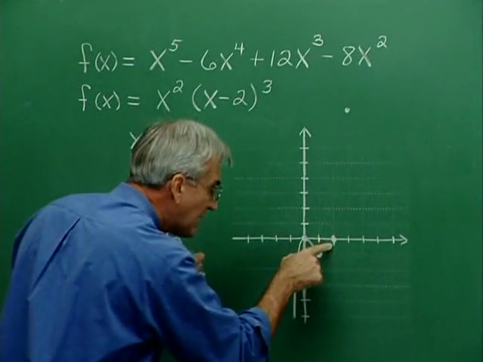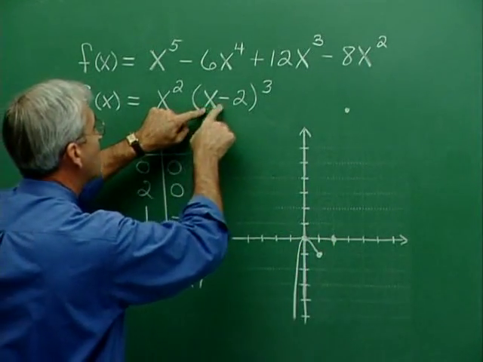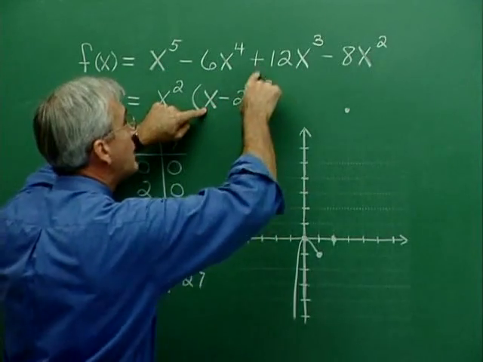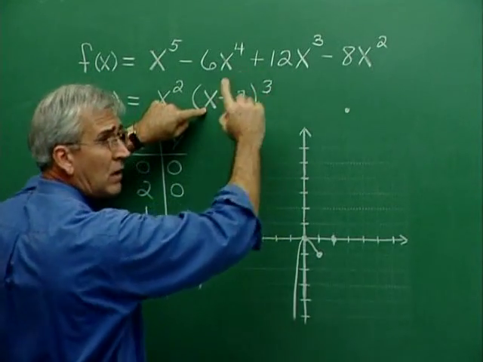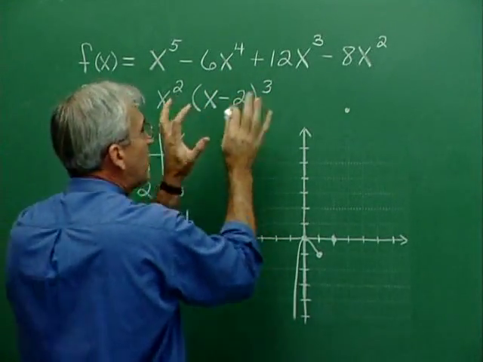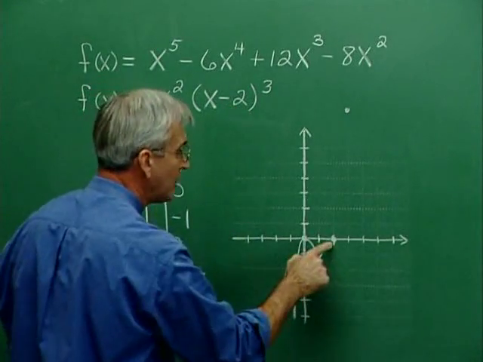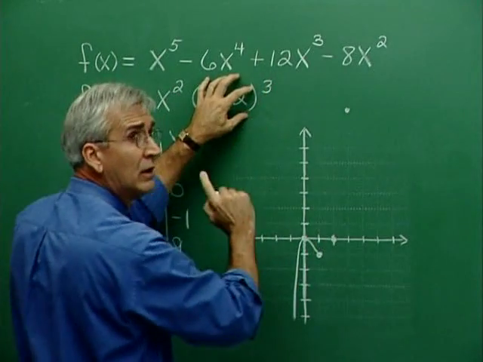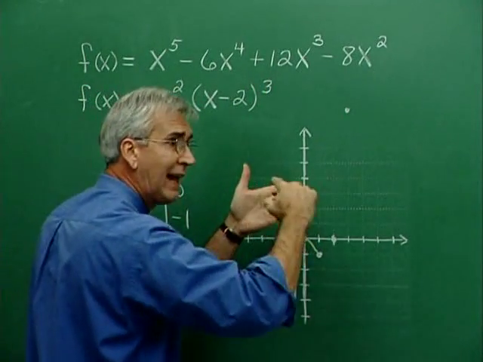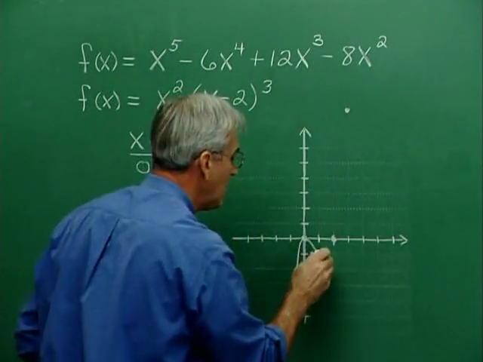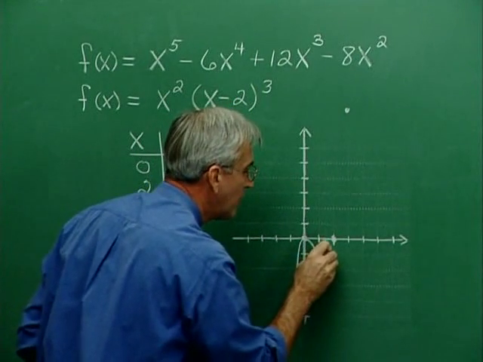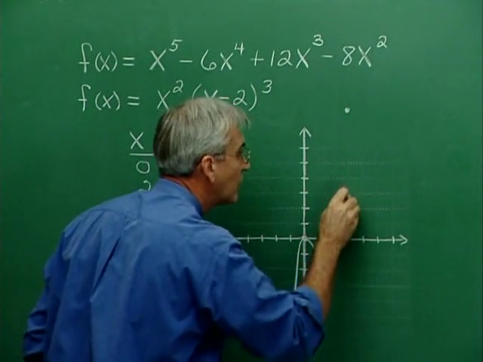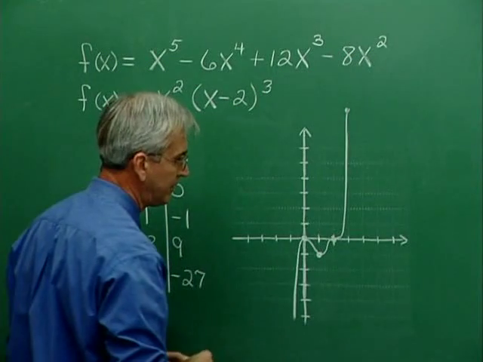Now, this is the 0 corresponding with (x minus 2) cubed. This cubing idea tells us that the behavior in a particular little neighborhood right around this point is the same as y equals x cubed. You remember the graph kind of flattens out at that point and then goes up again? Well, it'll have that behavior right through this region, kind of like this. So that's what's going to happen.